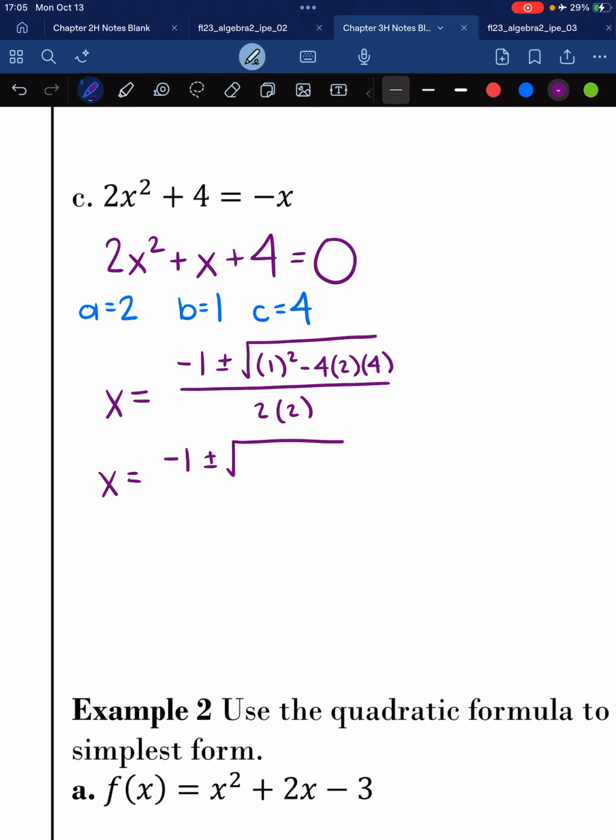So we end up with negative 1 plus or minus the square root of, and we end up with 1 minus 32, so negative 31. Ooh, interesting. We have the square root of a negative there. Okay, so I know that 31's prime, so that's not going to simplify, but I can pull out an i.